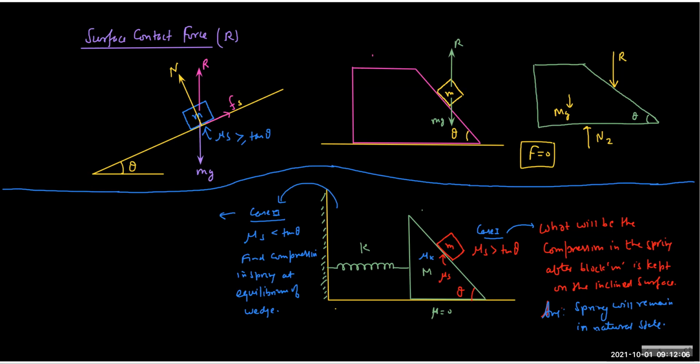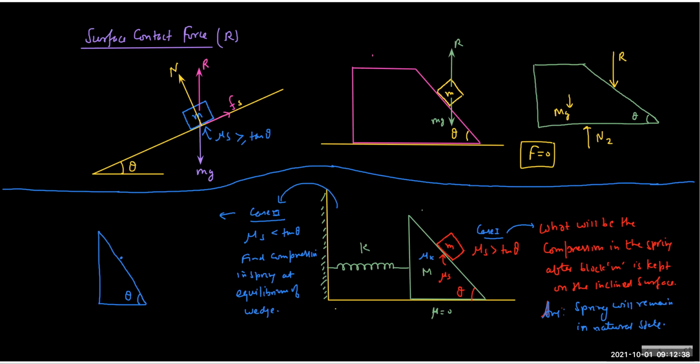Now, because the wedge is at rest and the friction coefficient is not sufficient, as we discussed, mu s is less than tan theta, the block is going to move down the plane, right? Because the block is going down, it means the block will go right and down.